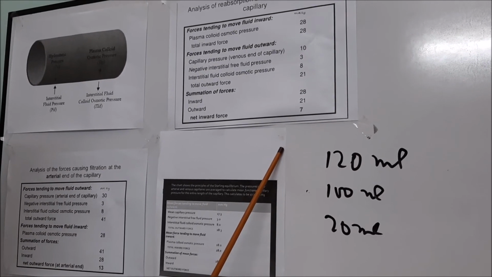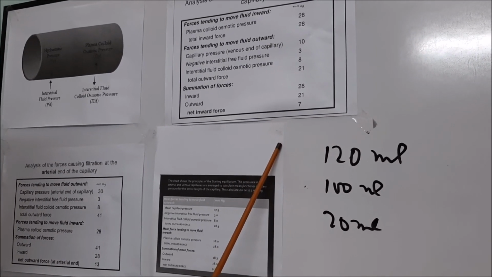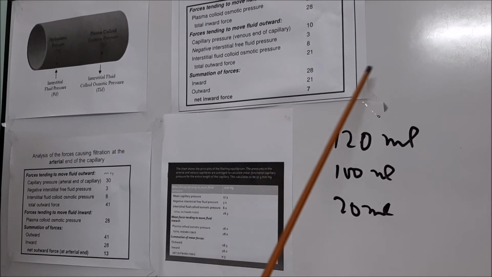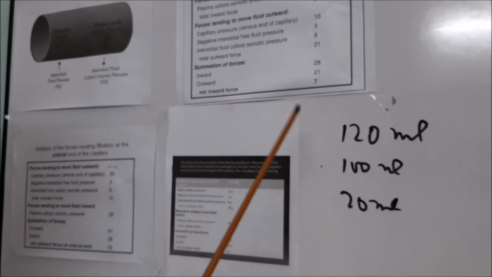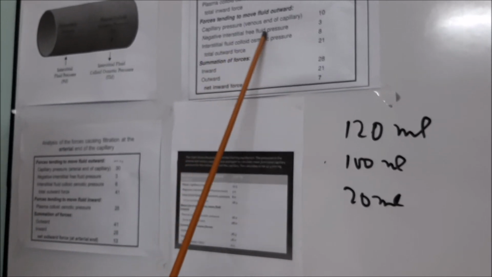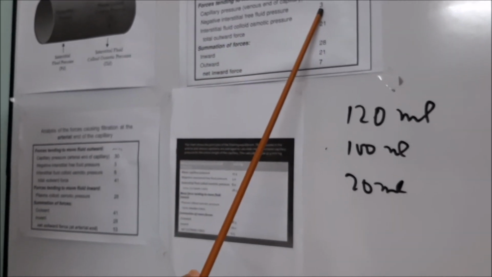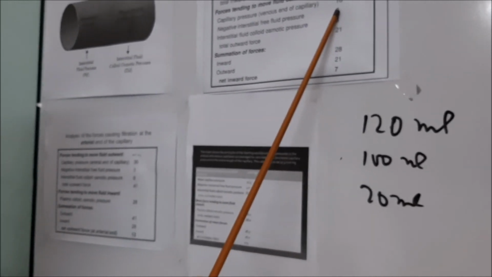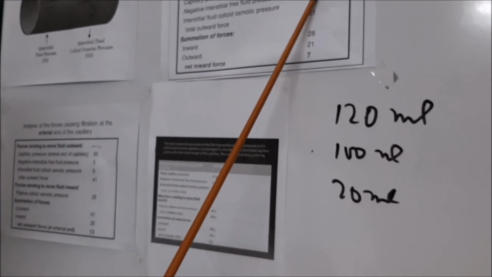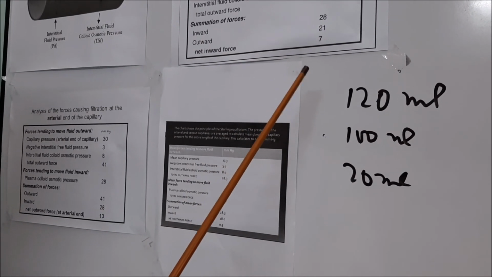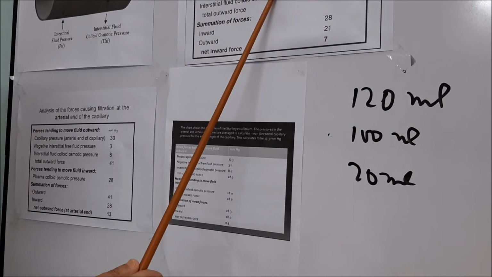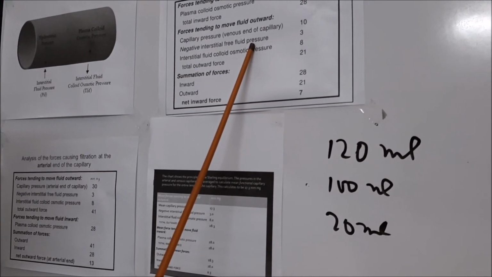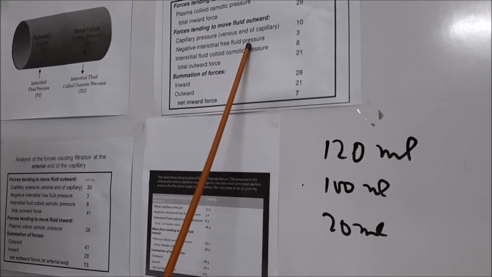Now another very important thing: how is this negative interstitial fluid pressure of 3 developed? It is developed due to the continuous suction of the lymphatics. What is the significance of negative pressure? In most of the body it is negative pressure, but in some places it is positive pressure.